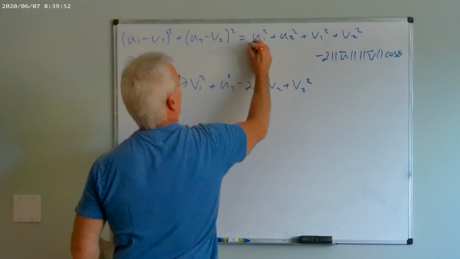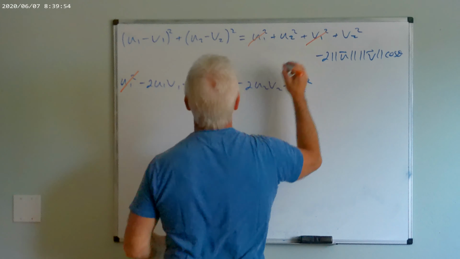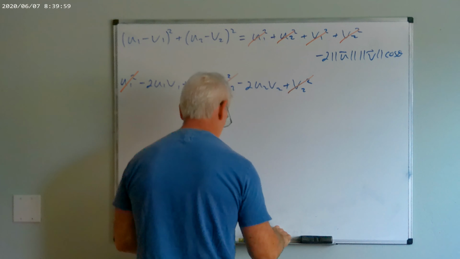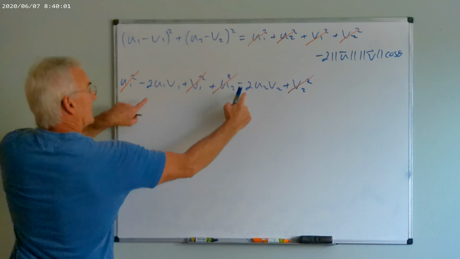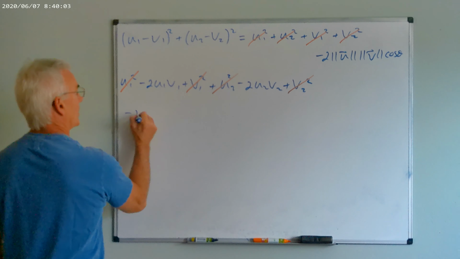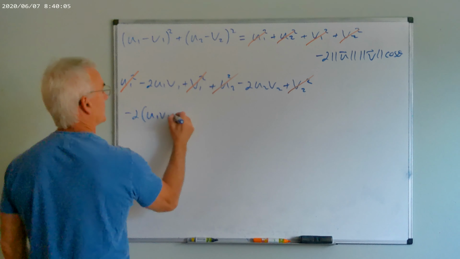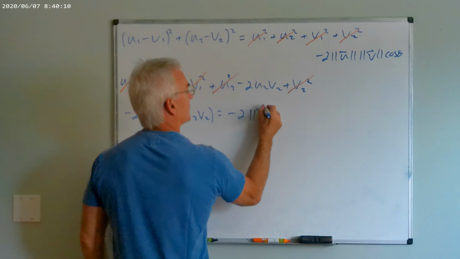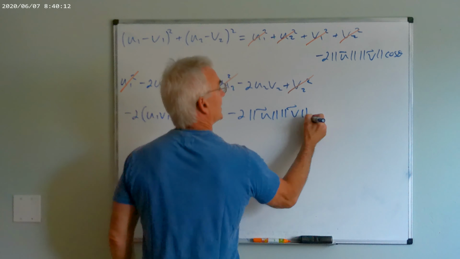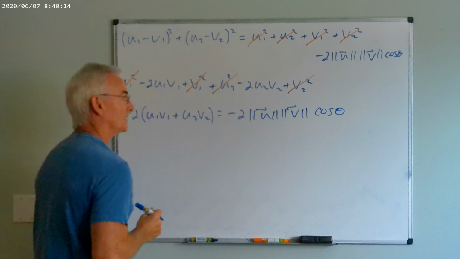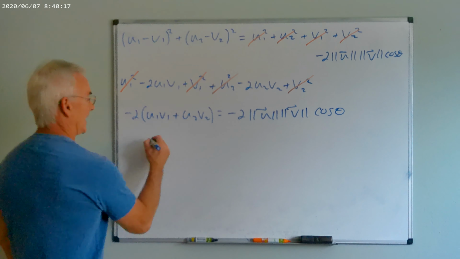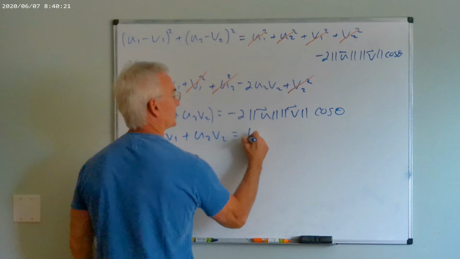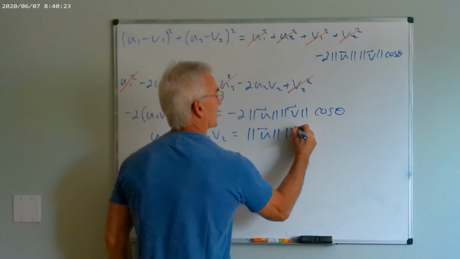Basically the squared terms are all going to cancel, and what that leaves us with at this point is if I factor out the negative 2, I'll have negative 2 times u1 v1 plus u2 v2 equals negative 2 length u, length v, cos theta. So multiplying both sides by negative a half, we would get u1 v1 plus u2 v2 equals the product on the right.